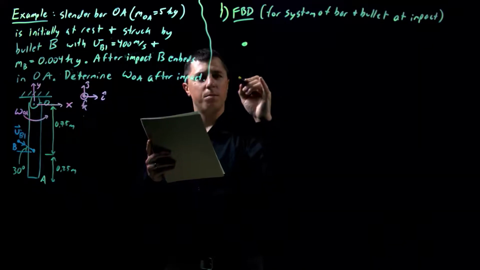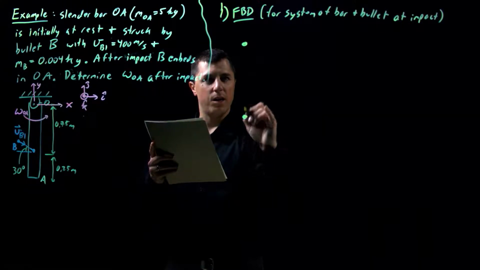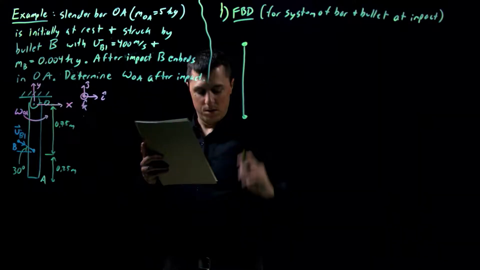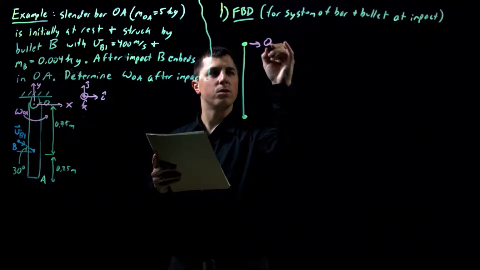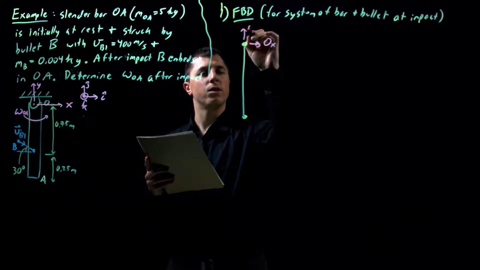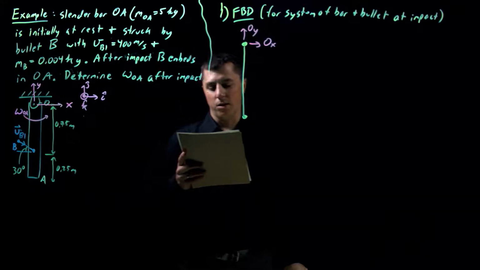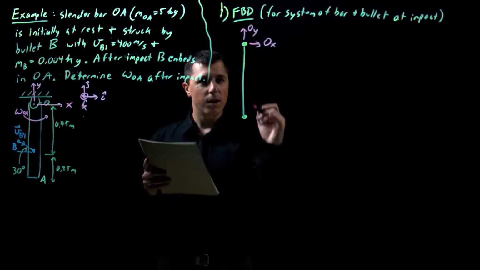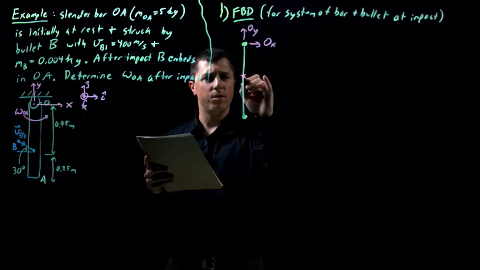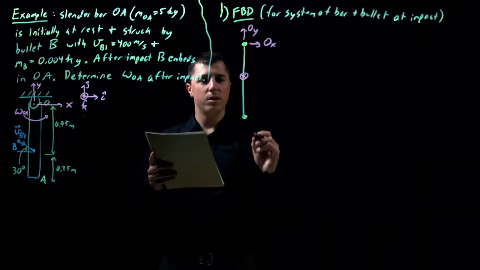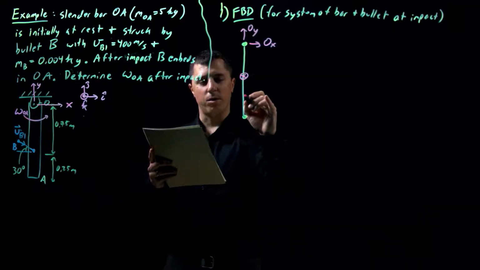Okay, so we've got a pin up here at O. We've got A down here at the end of the bar. We've got reactions because of this pin. This is going to be the X force at O and the Y force at O. Those aren't zeros, those are nonzero. Right in the center of mass of the bar, we have its weight.